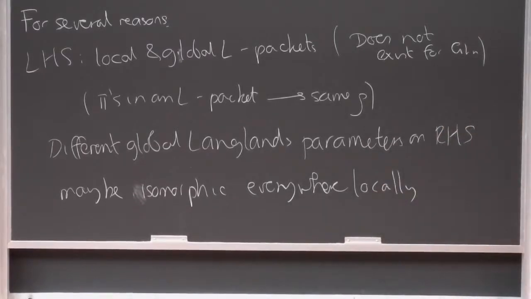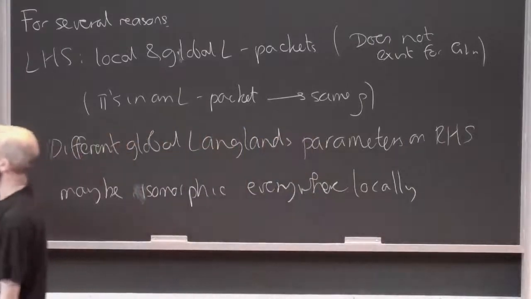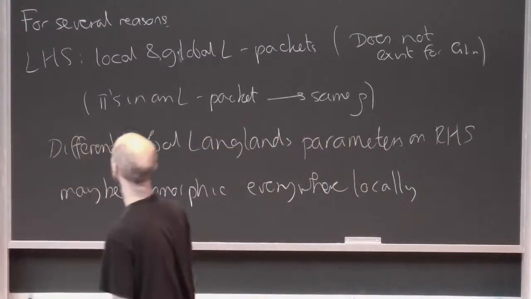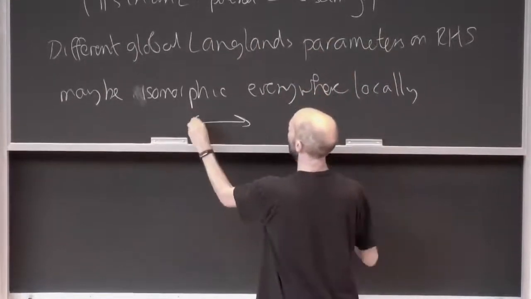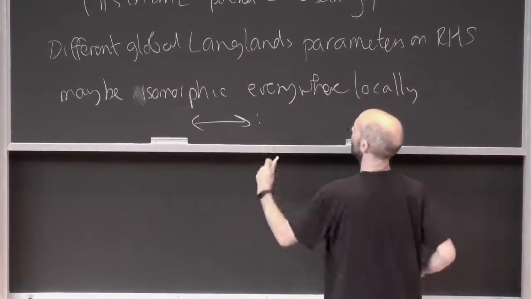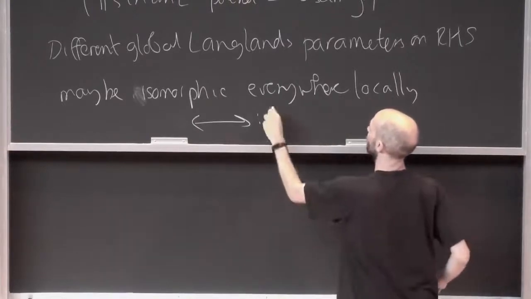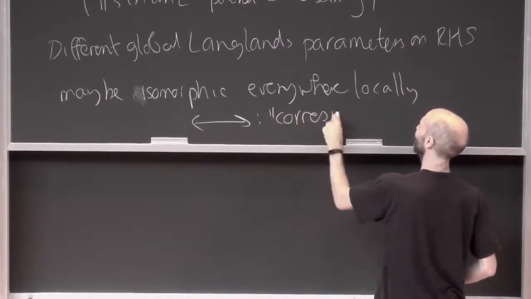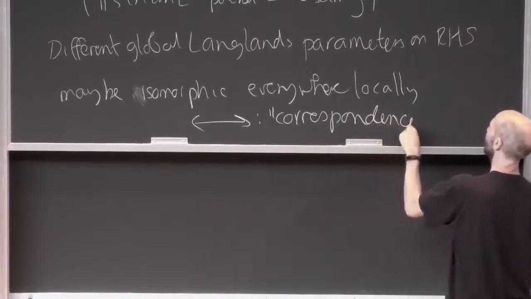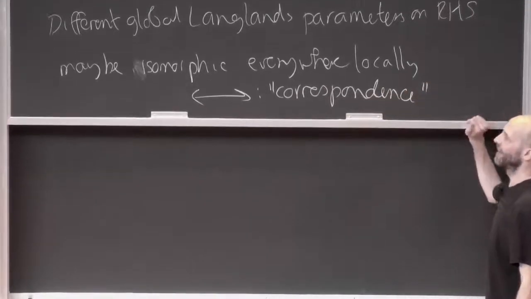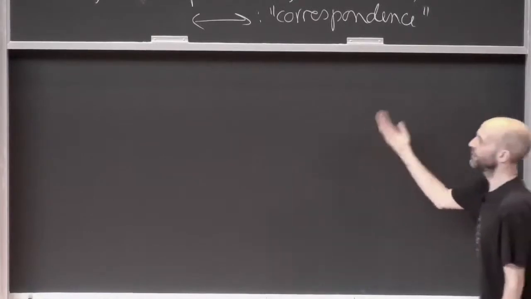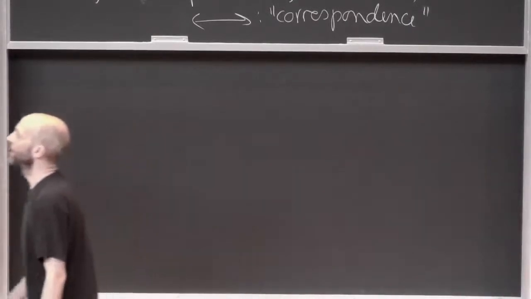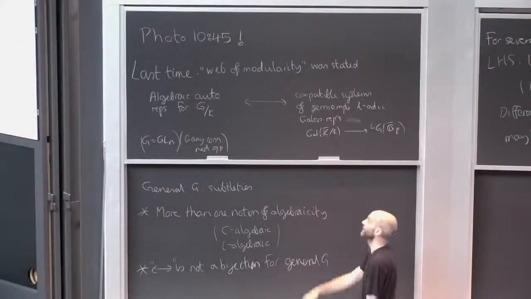Maybe this will make more sense once I get back to GL_n and start taking apart what I mean by this. So the upshot is, for a general G, this is not a bijection. This is some sort of correspondence, and you have to make sense of it. What Toby G and I did was attempt to formulate this conjecture rigorously.